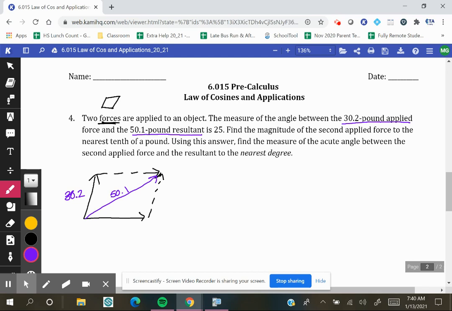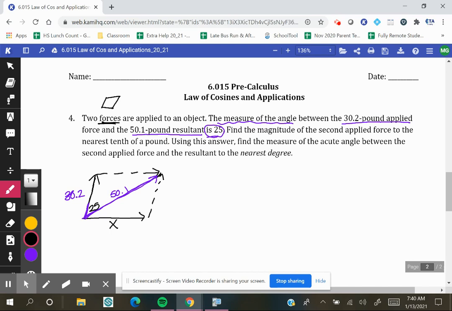Read it one more time. The measure of the angle between the 30.2 pound force and the 50.1 resultant, so the angle formed between these, is 25. Find the magnitude of the second applied force to the nearest tenth of a pound. So we're looking for this other force.